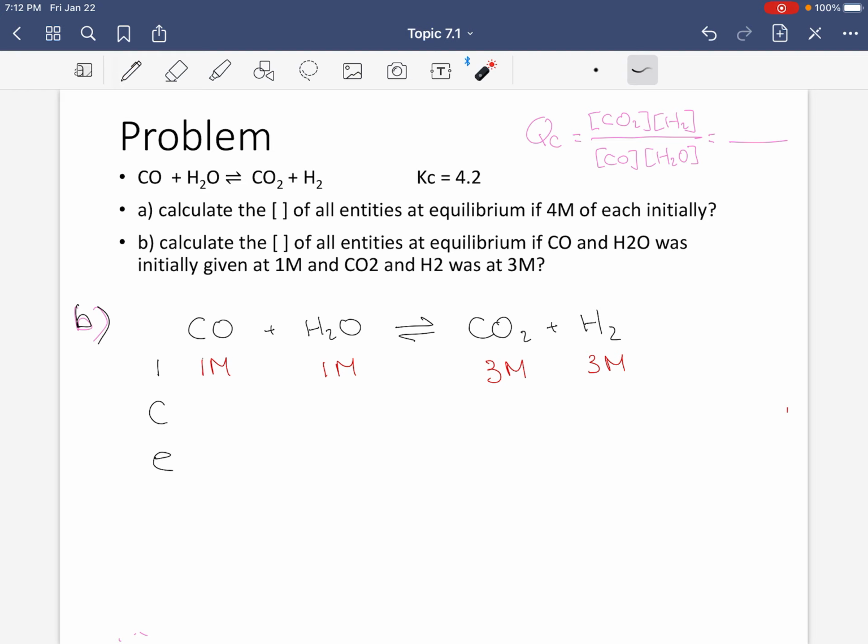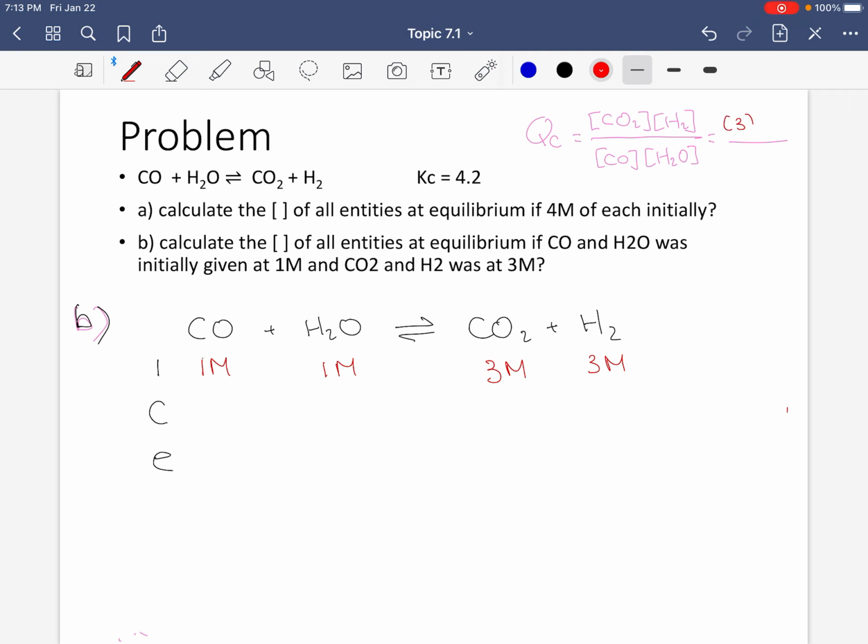If you are given the product to be something, unless they say that these are 0, you don't have to check QC, because if these are 0, you know the reaction is going to go forward. But if they give you something for product, you're going to have to test, because you don't know if this is enough or too much. I don't know. It might go backward. So let's test.